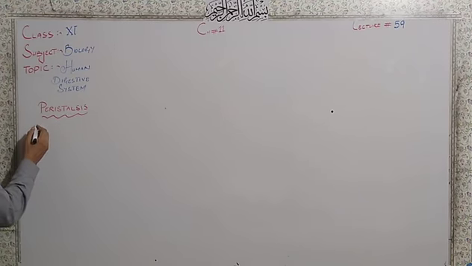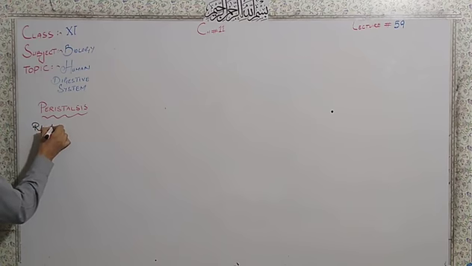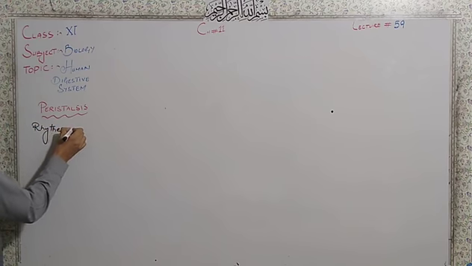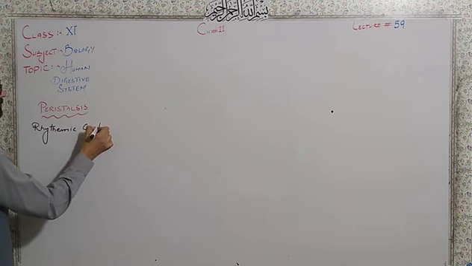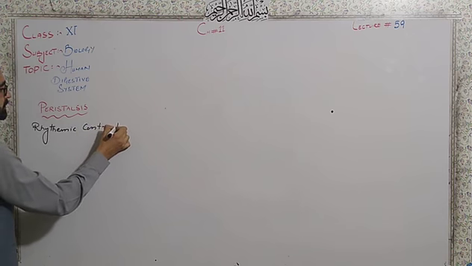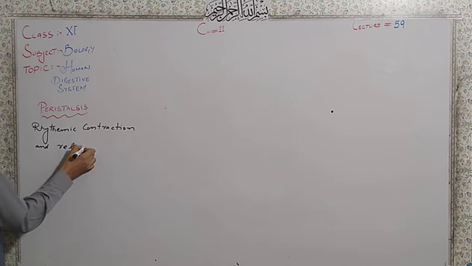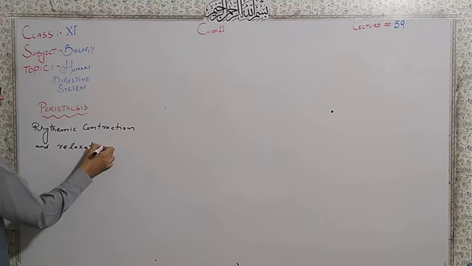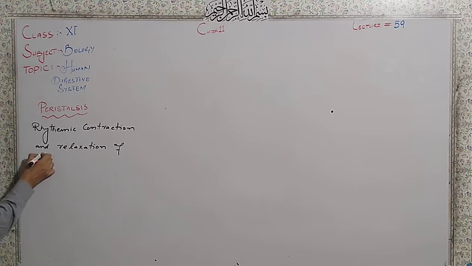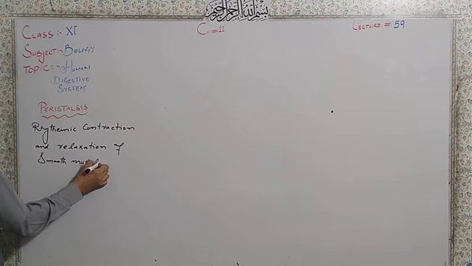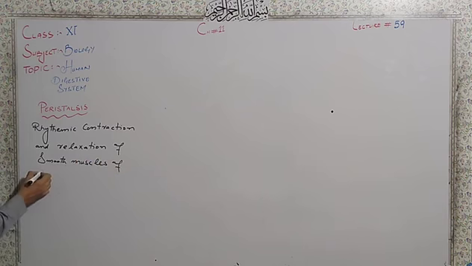Peristalsis is the rhythmic contraction and relaxation of smooth muscles of the alimentary canal.